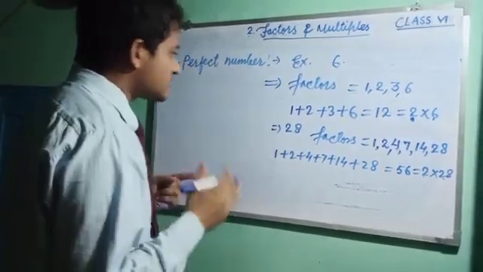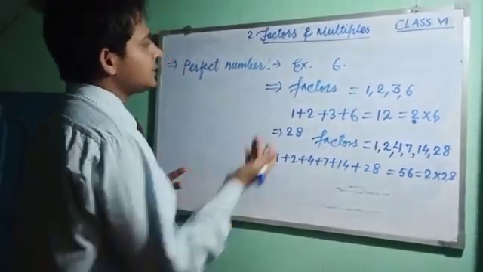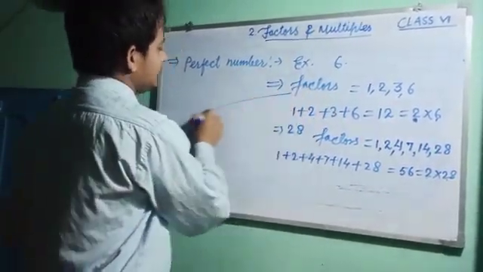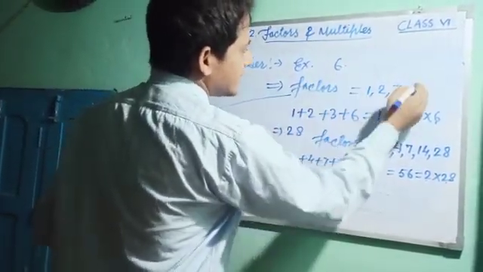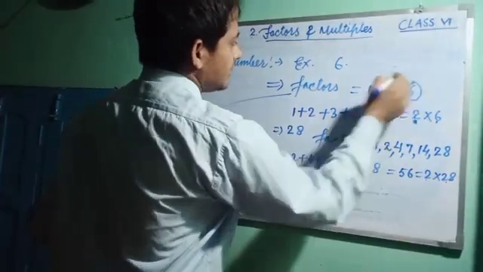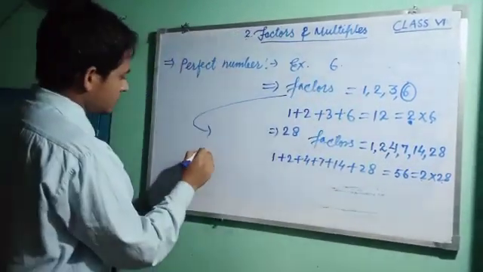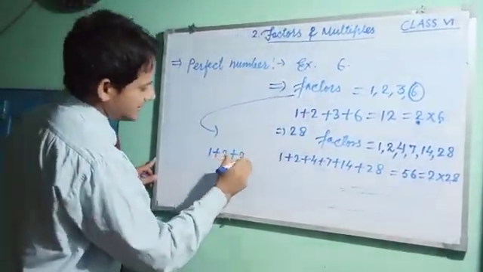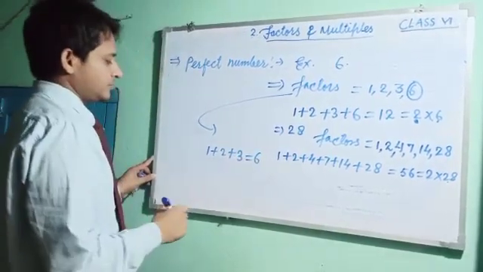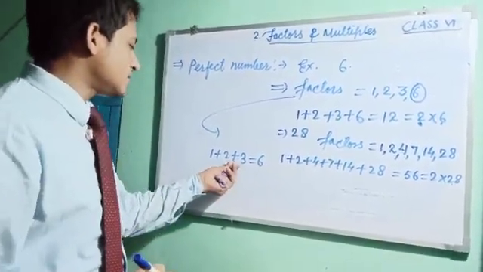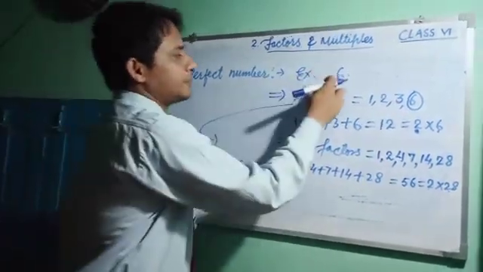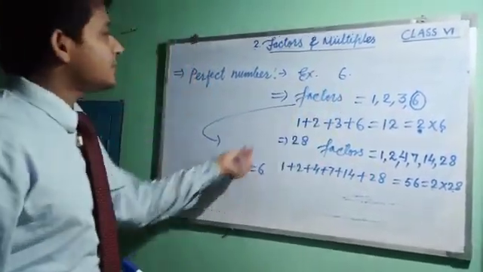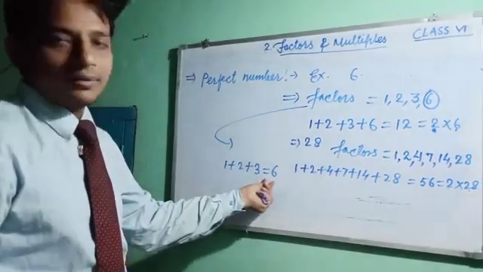Or we can use the other definition. The sum of all factors of 6 except 6 is equal to the number: 1 plus 2 plus 3 is equal to 6. The sum of all factors of 6 except 6 becomes the number itself, so this number is also known as a perfect number.